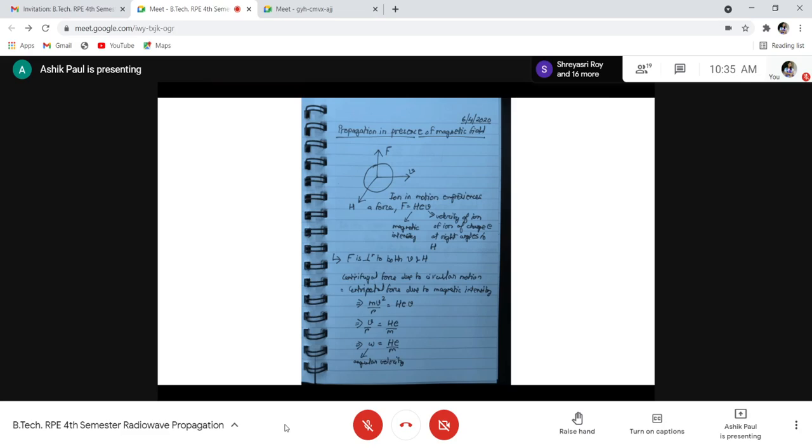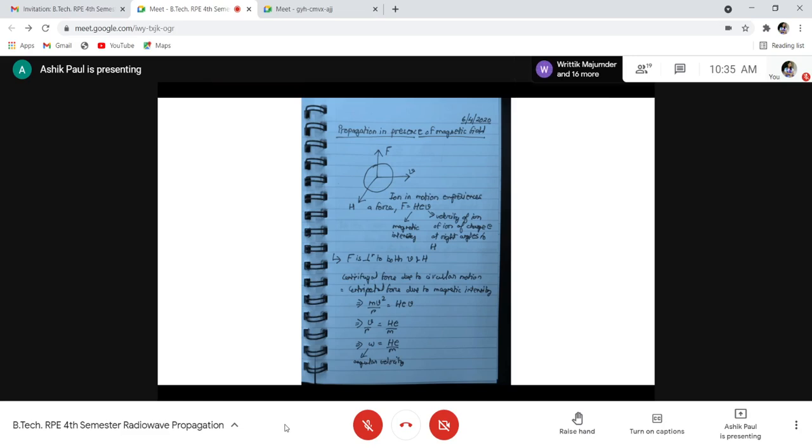From our very early classes, we had learned, or we had imagined, that there is some kind of a bar magnet located at the center of the Earth, and that bar magnet is essentially the source of this geomagnetism.